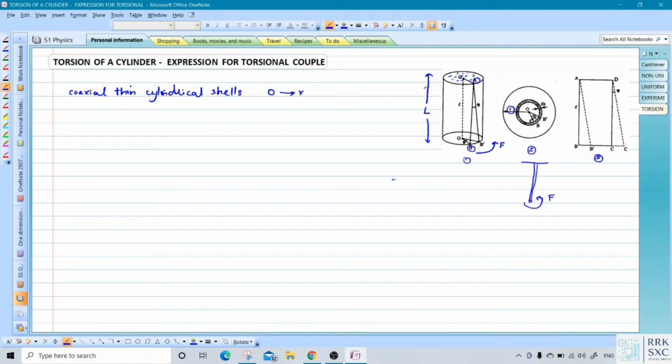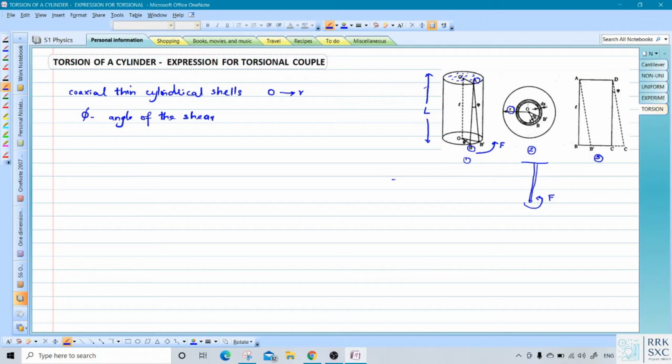That means now there is an angle between AB and AB dash, and that angle, which is represented by phi, is called the angle of shear. So phi is the angle of shear.